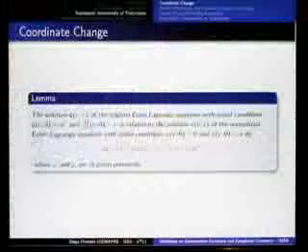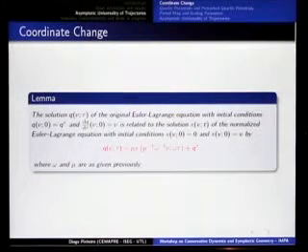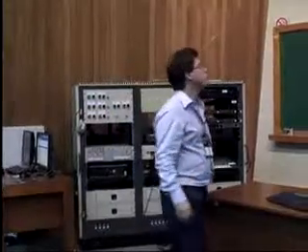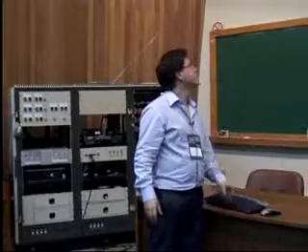Using that change of coordinates, we have a good relation between the solutions of the normalized Euler-Lagrange equation and the solutions of the original Euler-Lagrange equations. So basically, the only thing we need to do is go to the normalized Euler-Lagrange equation, study the properties of its solutions, and then go back to the original system.